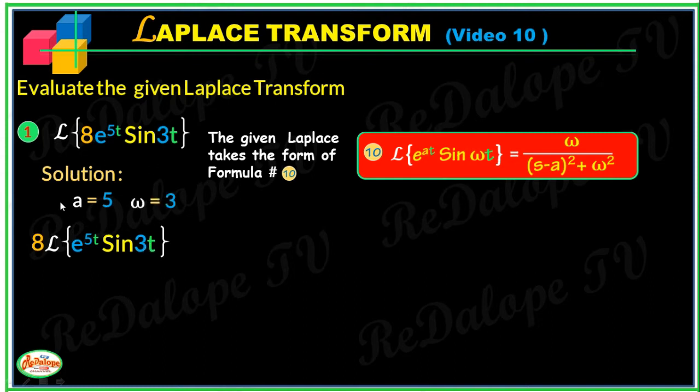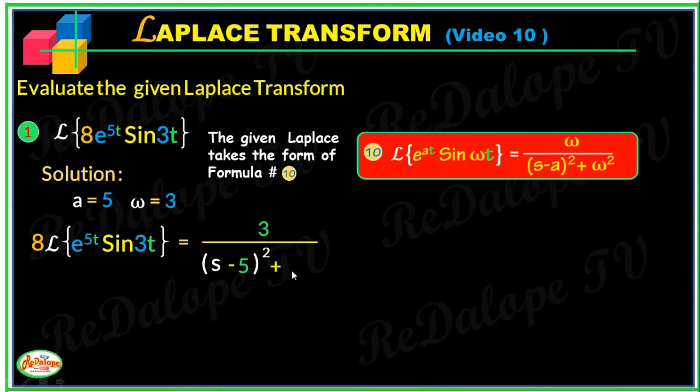Since we now have a equal 5 and omega equal to 3, we are ready to substitute in this formula. So we have omega, which is simply 3, divided by the quantity of s, so copy s here, and then copy the minus sign, and a is simply 5, that is being raised to square, and then copy the plus sign.